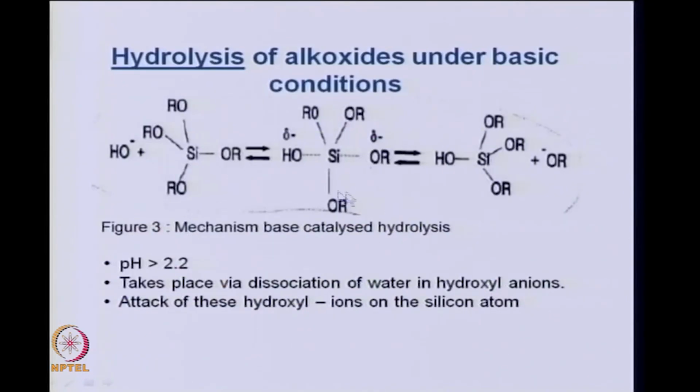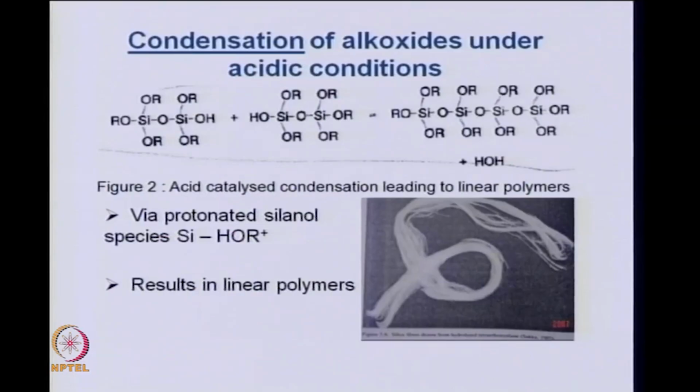This base catalyzed reaction normally takes place at pH greater than 2.2, and it takes place via dissociation of water and hydroxyl ions, and the attack of these hydroxyl ions on silicon. So, that is how the base catalyzed hydrolysis takes place.